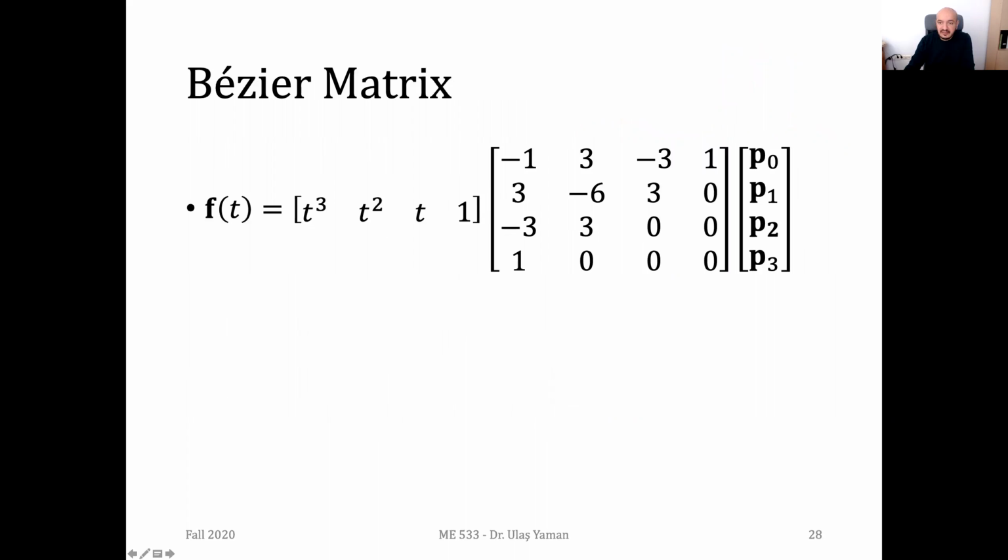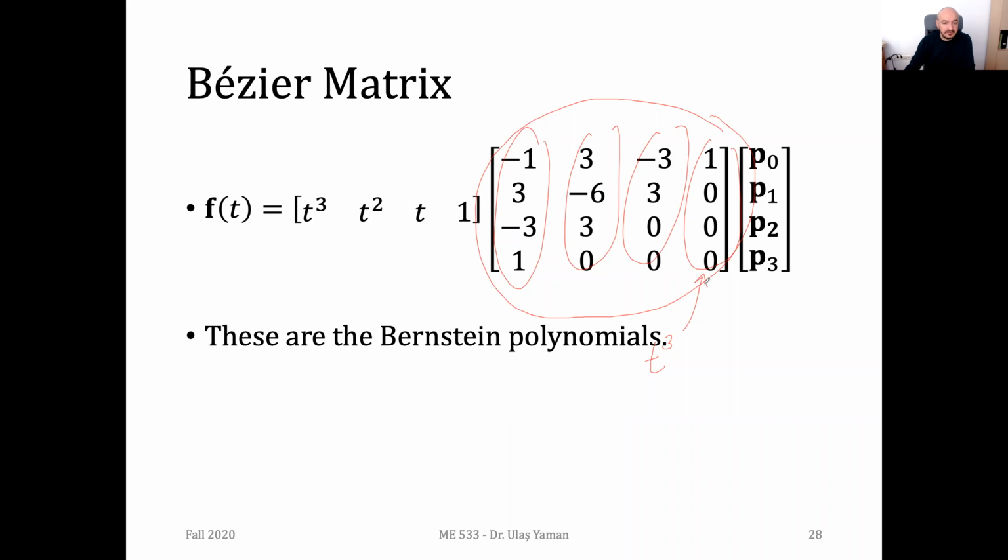And now this is the Bezier matrix. These are obviously our parameters, and this part is called the Bezier matrix, and you can easily obtain the basis functions for the Bezier splines. These are the basis functions. As you see, the last one is not complicated, it's simply t cubed. We sometimes call them Bernstein polynomials.